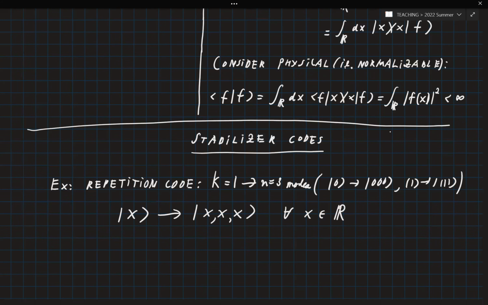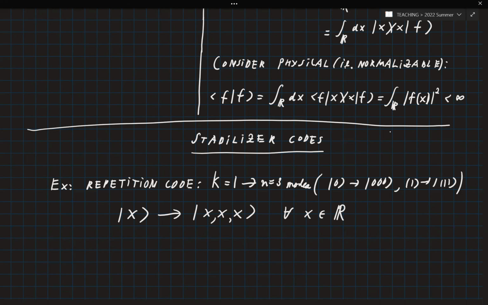And n here is 3 modes. So this code is in one sense different because it's encoding an infinite dimensional amount of information. But in another sense, it's pretty much the same, because the degree of freedom that we're using to index the basis of our encoding is different. It's continuous now, it's infinite, non-compact, etc. But otherwise, this all looks pretty much the same.